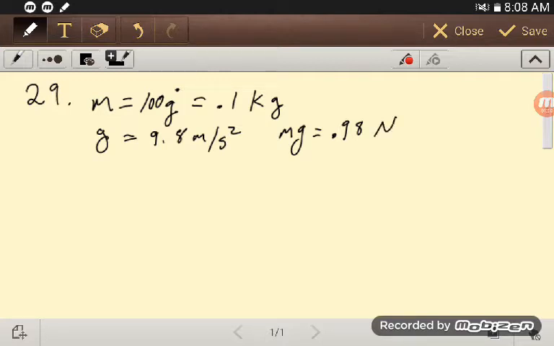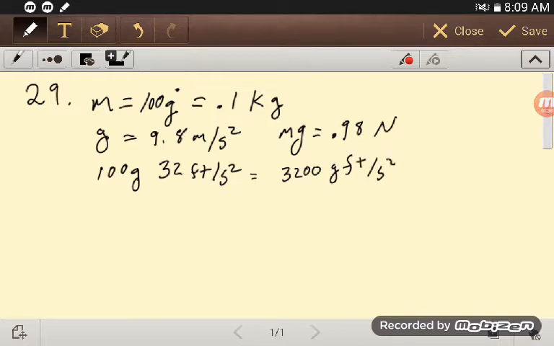So the 32 sort of works, but what happens is your units, when you take that 100 times 32, you have 100 grams times 32 feet per second squared, and so you end up with this strange unit, 3,200 gram feet per second squared.